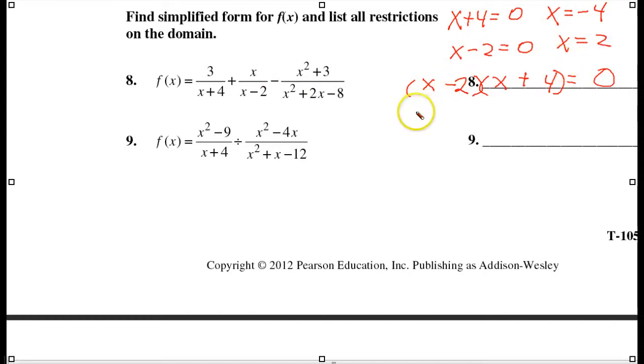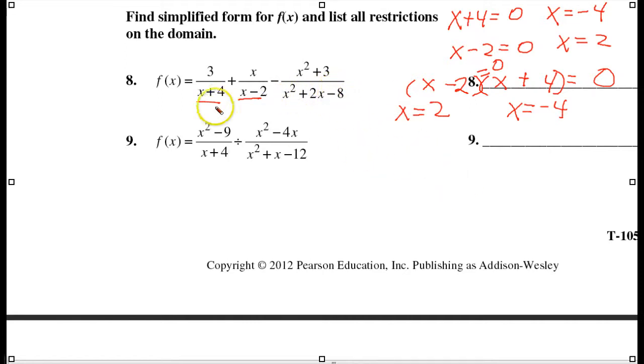And for this one, I'll put it right underneath here, x equals 2 here because we're going to equate each of these to 0. And here is x equals negative 4. Okay, well, interestingly, this and this are the factors of this.